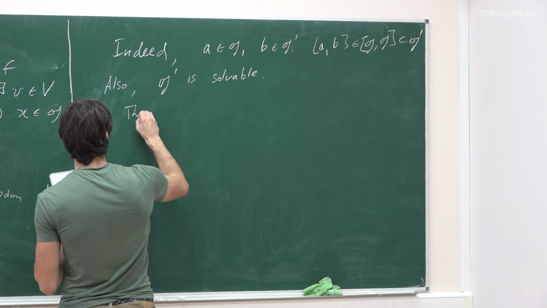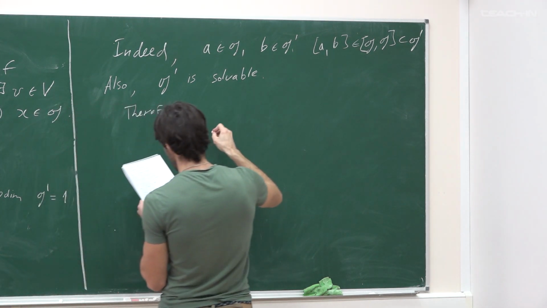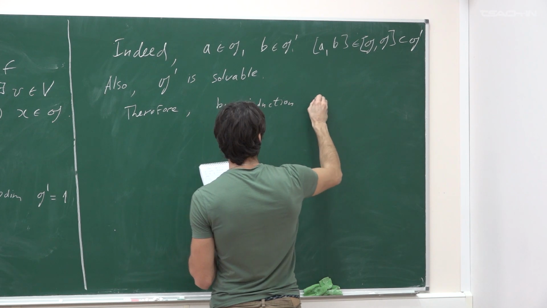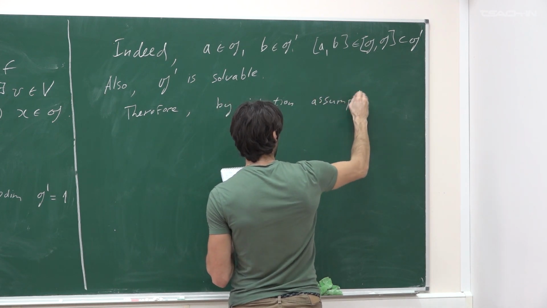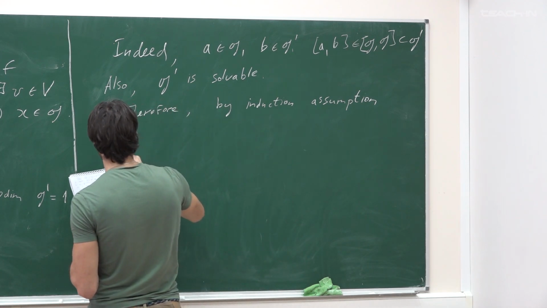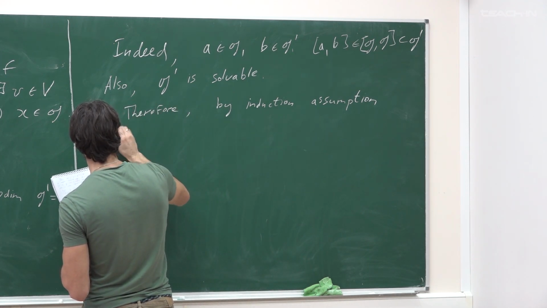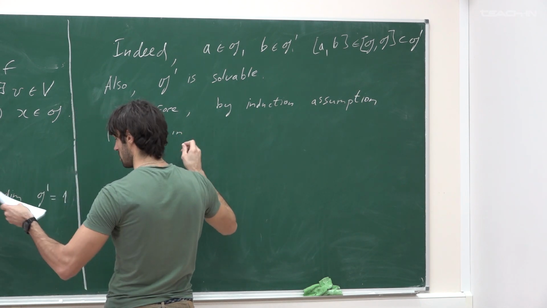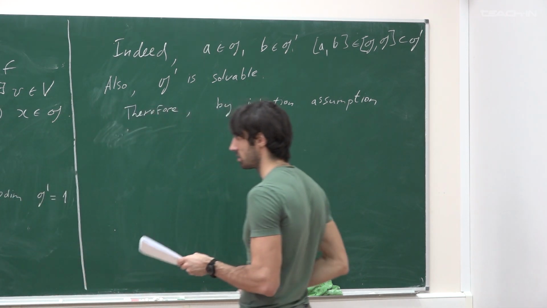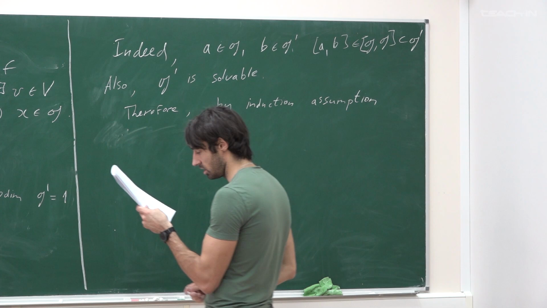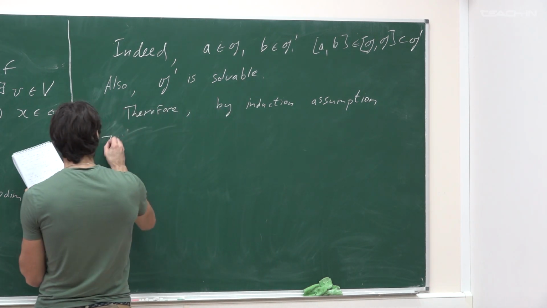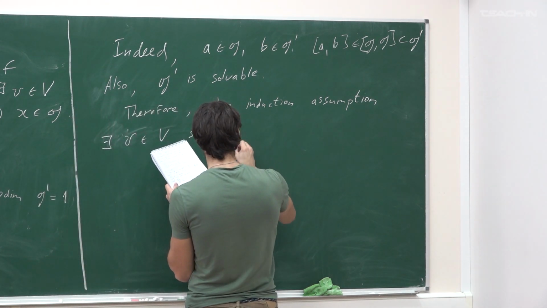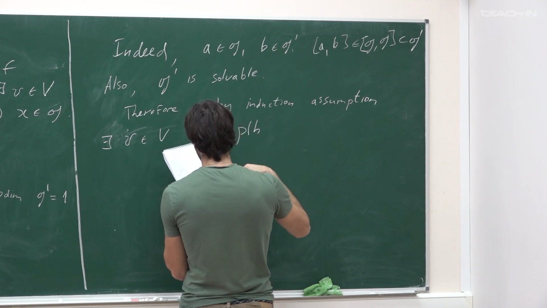Therefore, by the induction assumption, there exists a vector V such that it's a common eigenvector for all elements of G prime.